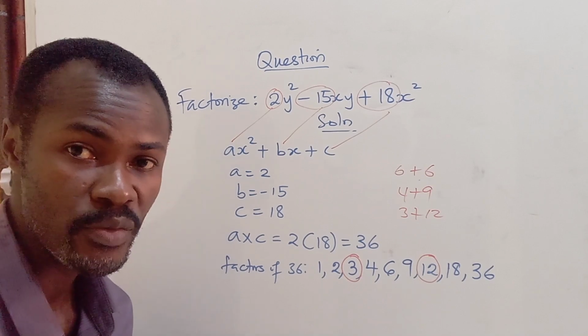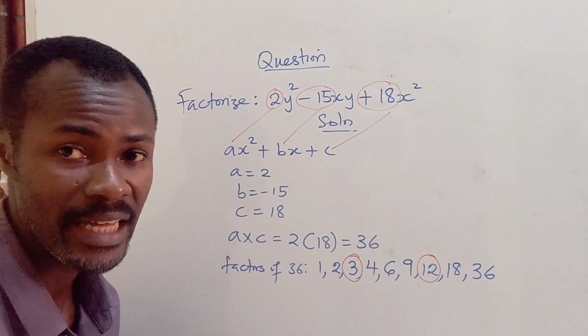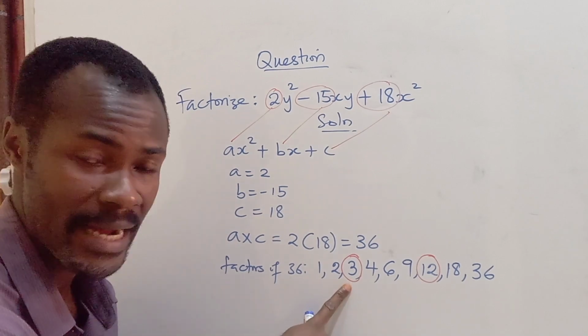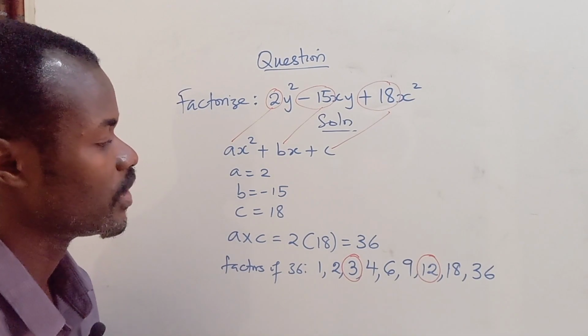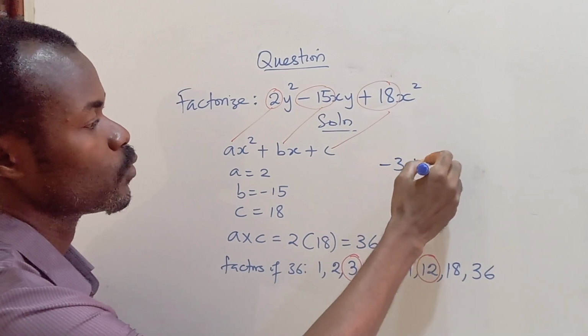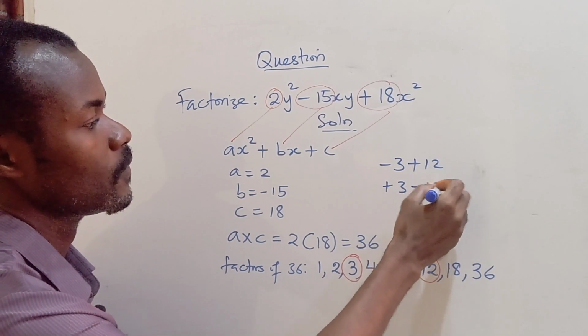From this, the next thing is to put in the signs. Is this going to be a plus or minus? Let's quickly check. Let's try minus 3 plus 12. Let's also try plus 3 minus 12.